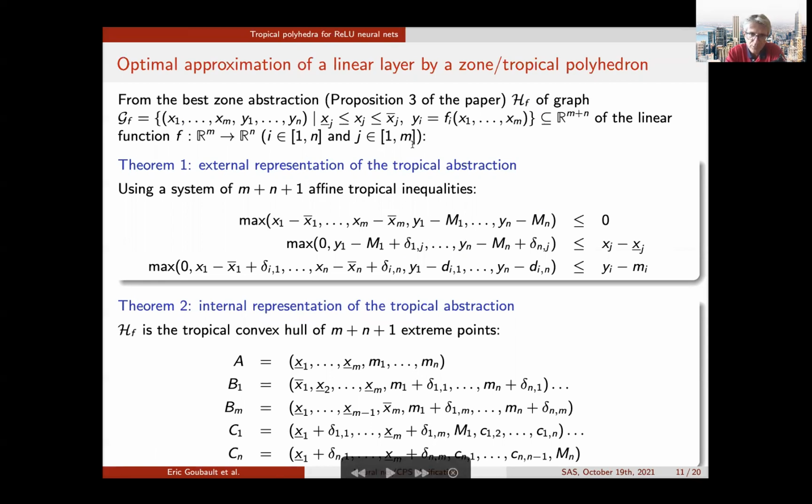And we see that we can always represent in some sort of optimal manner externally this graph of function f by this tropical polyhedron given by m plus n plus 1 affine tropical inequalities. And we can also represent it internally as a convex hull of m plus n plus 1 extreme points. All these constants, capital M, small m, delta, c, and d, are actually given in closed form from the constants defining f.